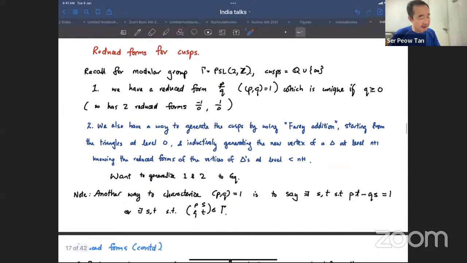Besides this, maybe a slightly less well-known fact is that we can generate all of the rational numbers by using Farey addition, right? So for example, you start with 0 over 1 and 1 over 1, then you take the sum of the numerators and denominators to get the midpoint, to get a half, and then you keep doing this, and then you can get all rational numbers between 0 and 1.